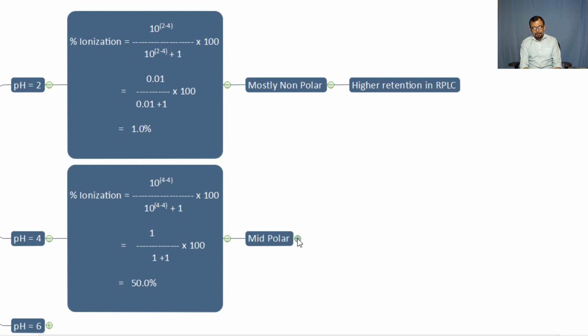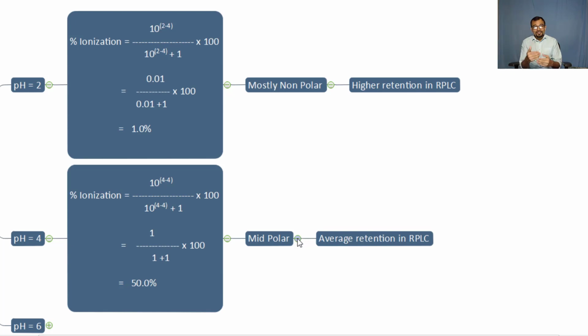And once you compare the retention time, I say the average retention time in RPLC. Now what is meant by average retention time? It is always in comparison with the non-polar form of the same compound. As we discussed in the first example, if the pH is equal to 2, the compound will be almost 99% unionized or only 1% ionized.